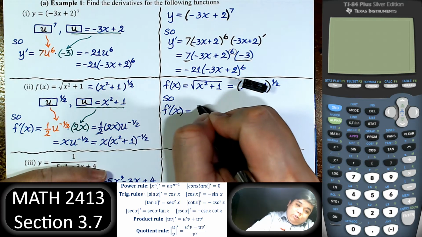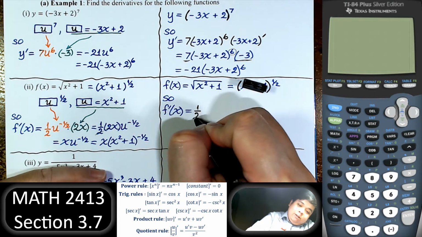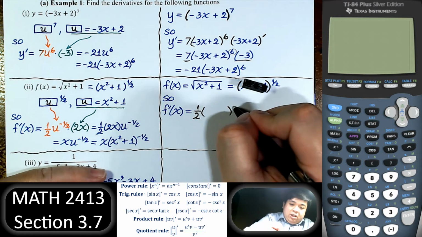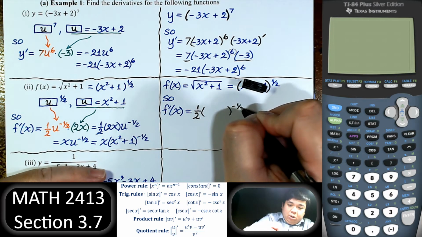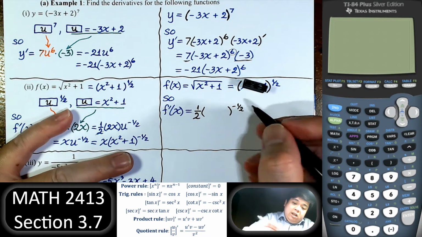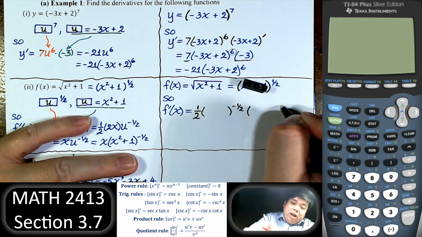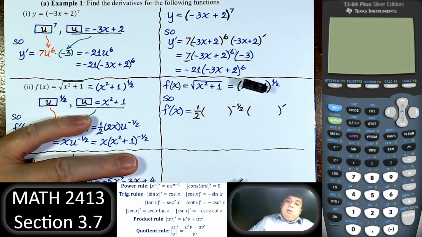The derivative is going to be 1/2, that parentheses to the 1/2 minus 1, which is negative 1/2. So that is the derivative of the parentheses as a function. And then the chain rule says we have to multiply by the derivative of the parentheses.